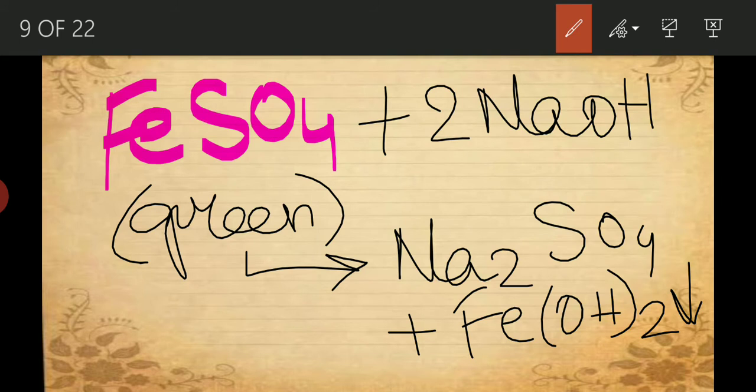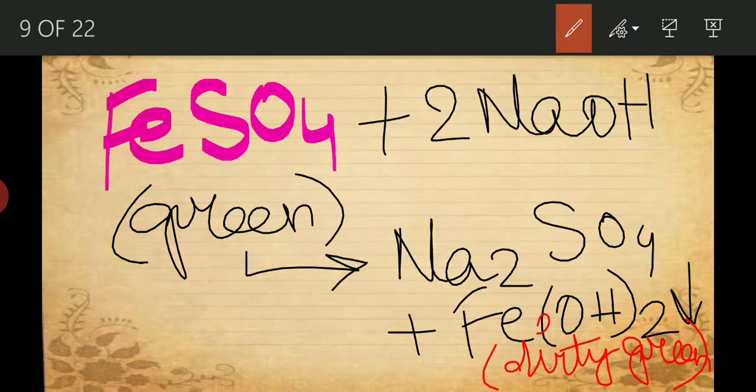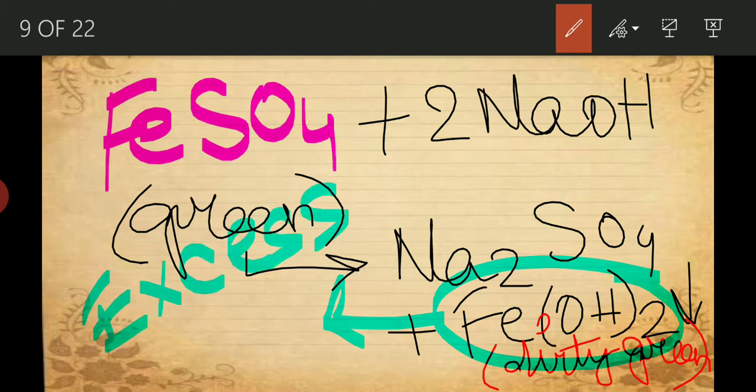And this PPT is dirty green in color. Okay? Ferrous sulfate is green in color and ferrous hydroxide is dirty green in color. Again this ferrous hydroxide in excess NaOH will be insoluble.